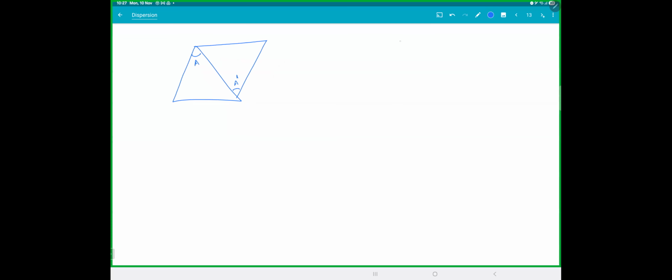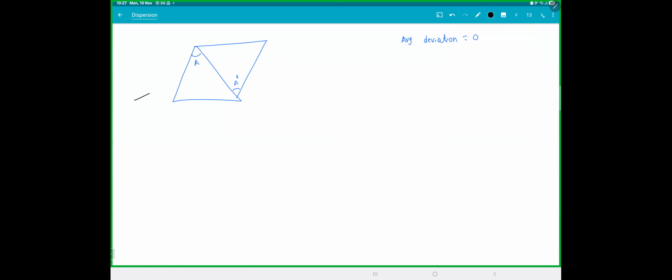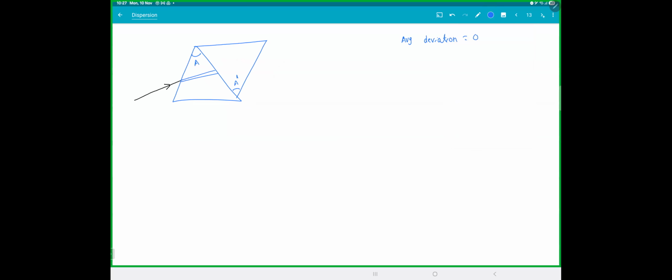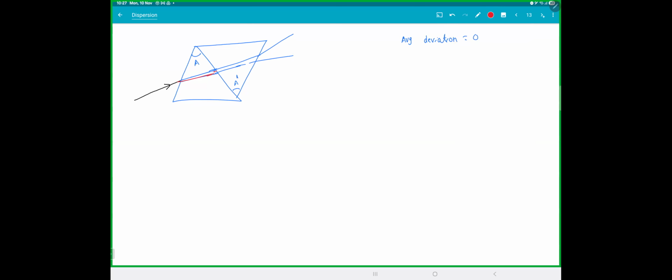So case one is the average deviation is 0, but there is a dispersion. What do you mean by average deviation? You send a white light, the beam spreads out. So technically speaking, there is deviation.